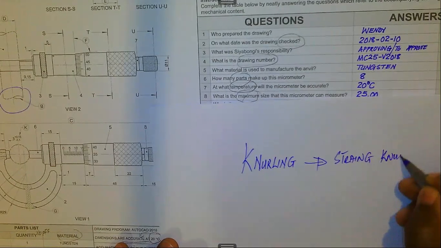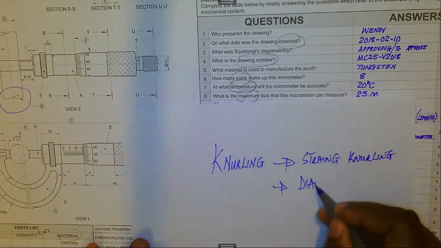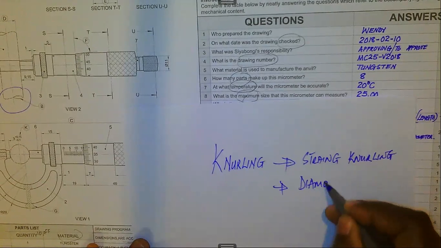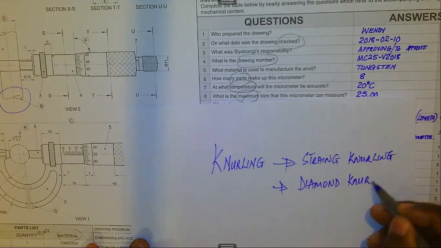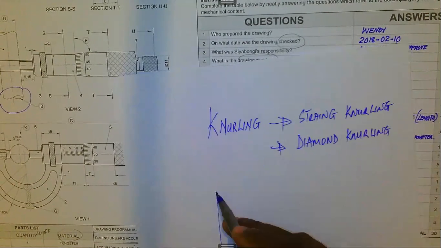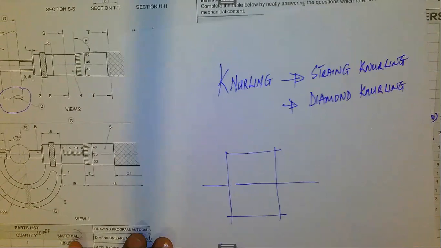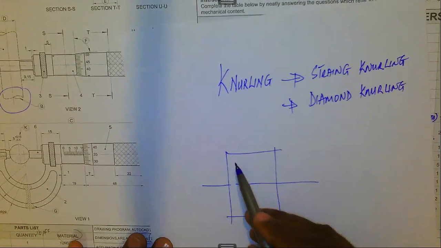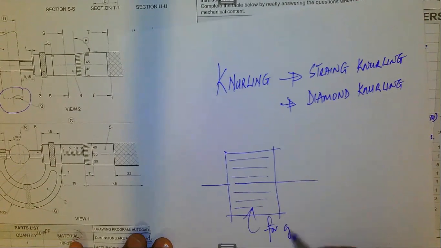Right, and we also have diamond nailing, like that. Let me show you, if this is a handle, you'll find that you can create these lines, and mostly they are for grip, so that you are able to handle something with a bit of grip.